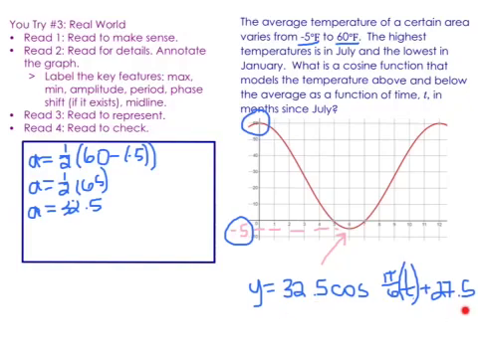Our midline, this 27.5, we're going to get that by subtracting our A value or by adding our A value to find what's in the middle here. Maybe you were able to find the middle yourself, maybe you struggled with that. We could always find that middle by taking this amplitude away from that maximum value by subtracting it.